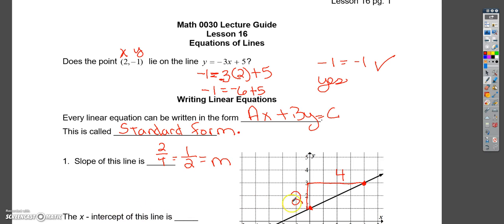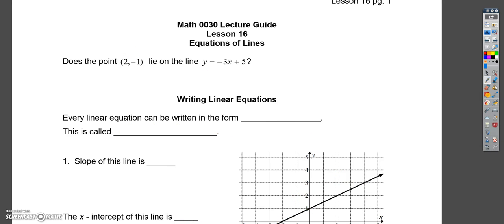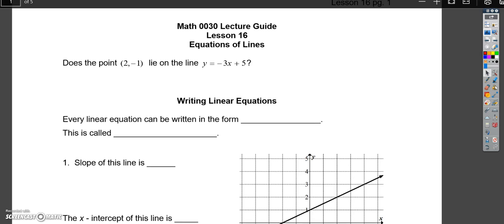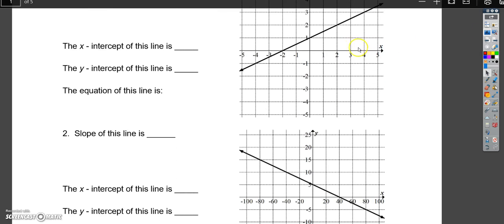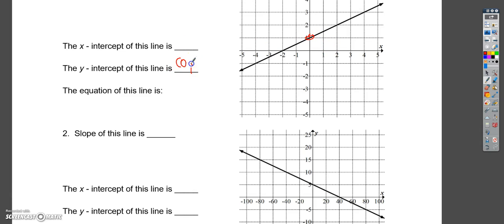The x-intercept of this line is right here, which appears to be -2. So that would be (-2, 0). The y-intercept is where it crosses the y-axis, so it would be right here, which would be (0, 1).